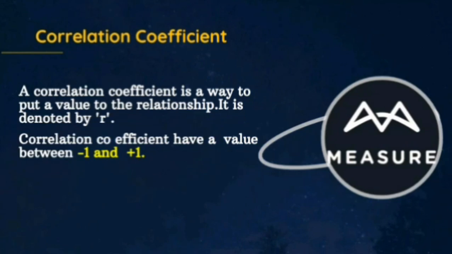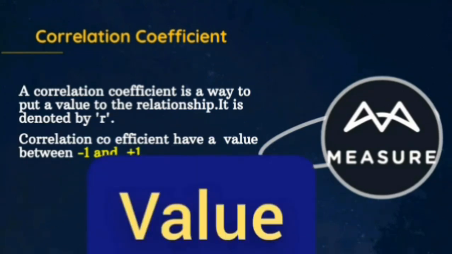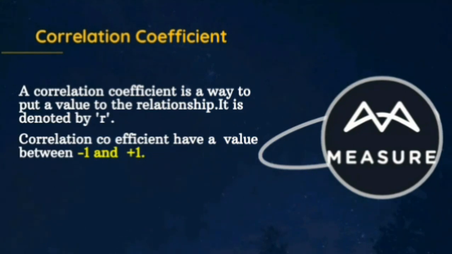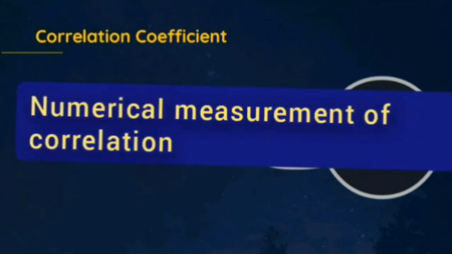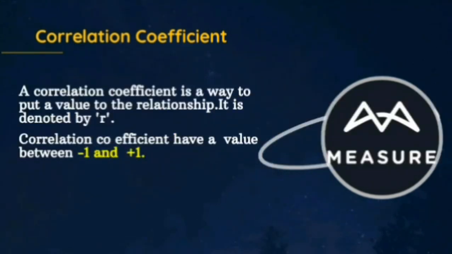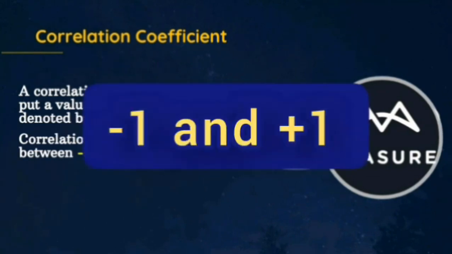So when we put a value to that relationship, it is called the correlation coefficient. In simple words, the correlation coefficient means the numerical measure of correlation analysis, and its value lies between -1 and +1.